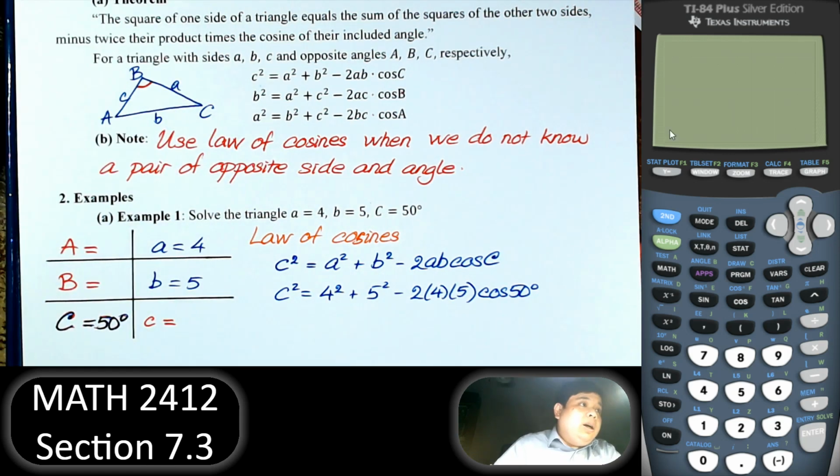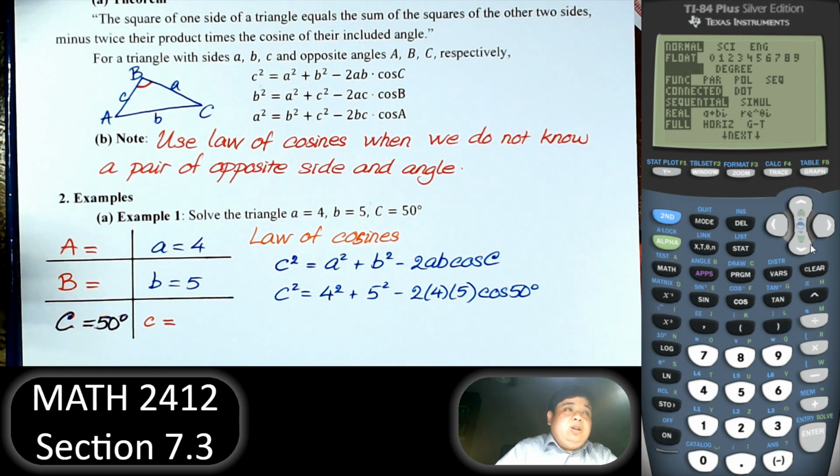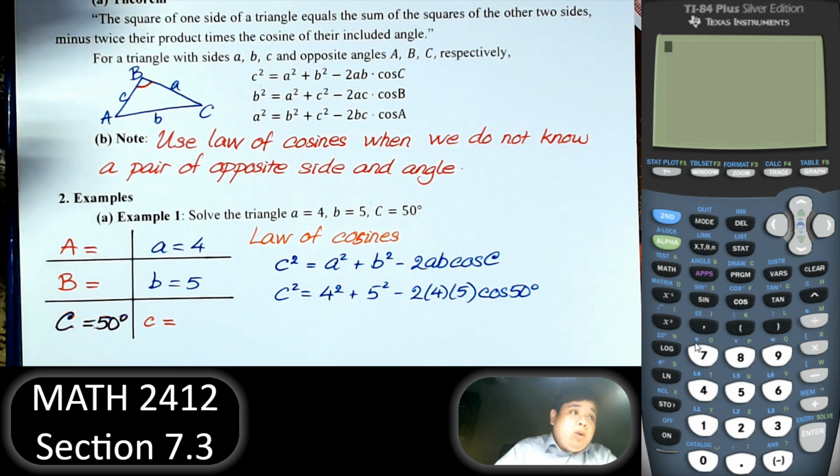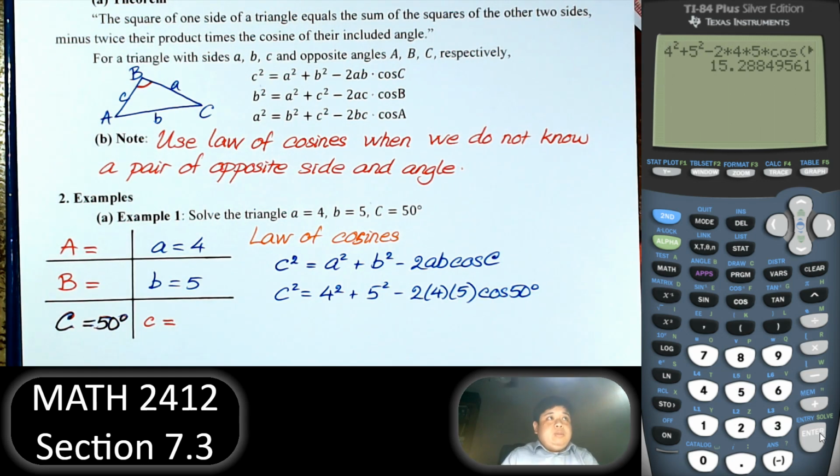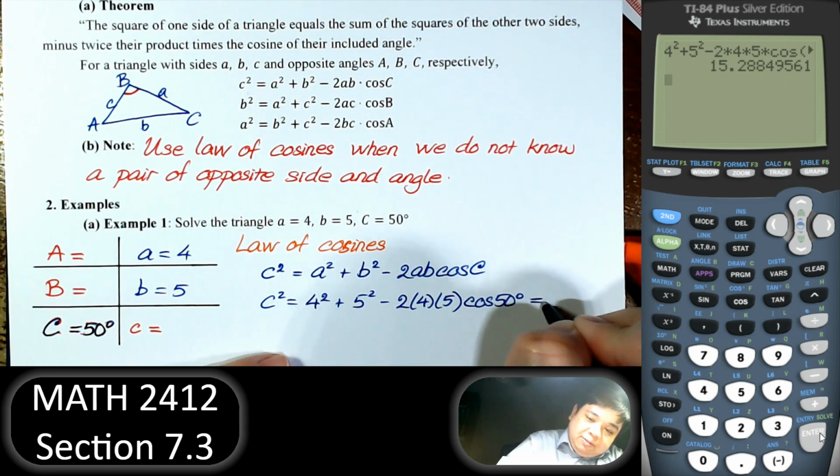Most important, when we solve a triangle, make sure it is in degree mode. Right, degree mode, which is good. So 4 squared plus 5 squared minus 2 times 4 times 5 times cosine of 50 degrees. So we have 15.288 something.